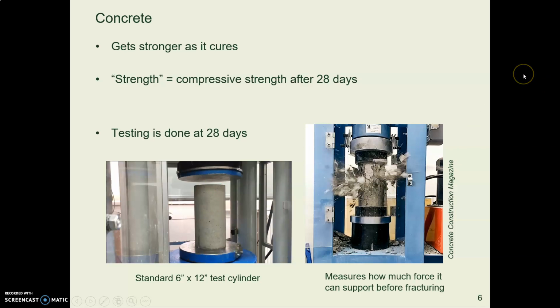And then at 28 days, when your pour has cured, your sample has cured also, and you send it to a testing lab where they compress it with a hydraulic press, and they measure how many thousand pounds of force it takes for the thing to blow up, basically, to fail. And that tells them what the compressive stress of this particular concrete mix is.